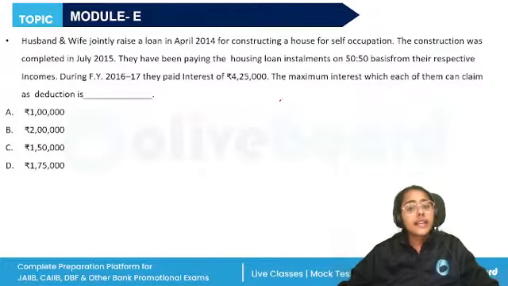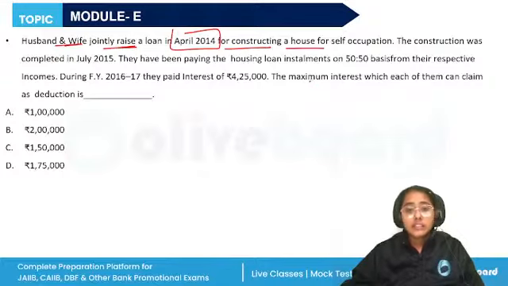Next, this is again a case study type question. Husband and wife jointly raise a loan in April 2014 for constructing a house for self occupation. The construction was completed in July 2015. They have been paying the housing loan installments on a 50-50 basis from their respective incomes.